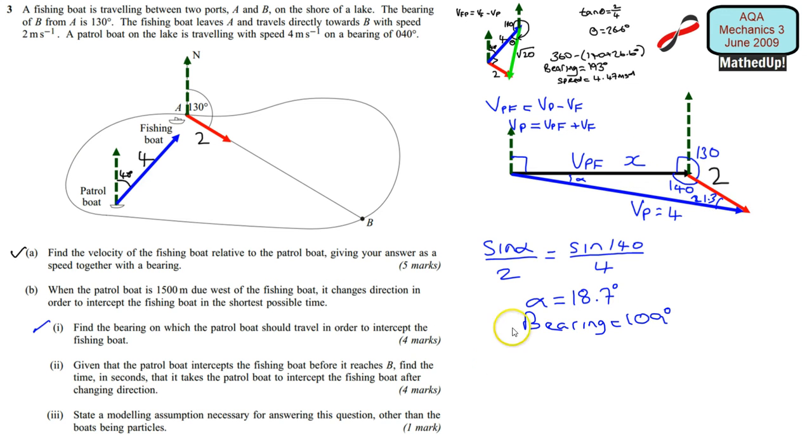I want to work out x over here, so using the sine rule again, I've got x divided by the sine of 21.3 equal to 4 divided by the sine of 140.